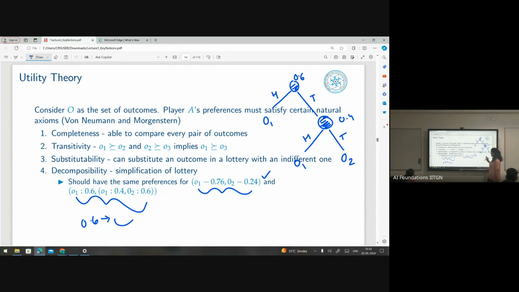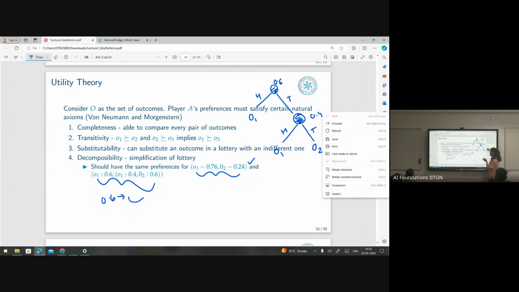Now the idea is in this lottery, what is the probability of getting outcome 1? It is 0.6, plus the remaining probability is 0.4.